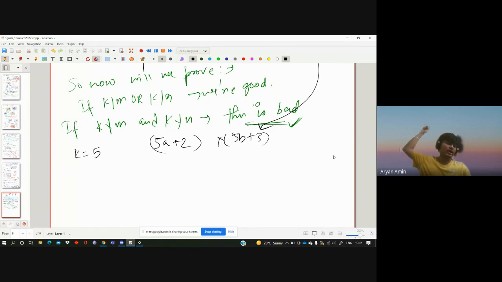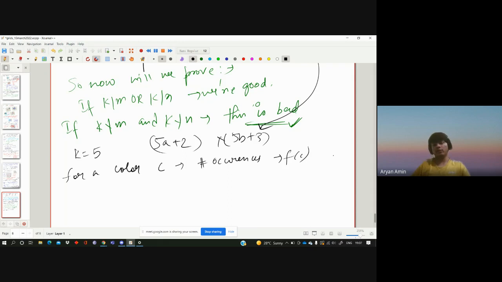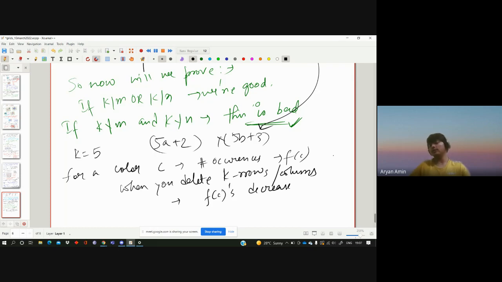Suppose for a color C, its number of occurrences was FC. When you delete k rows, all the FCs decrease by the same number.